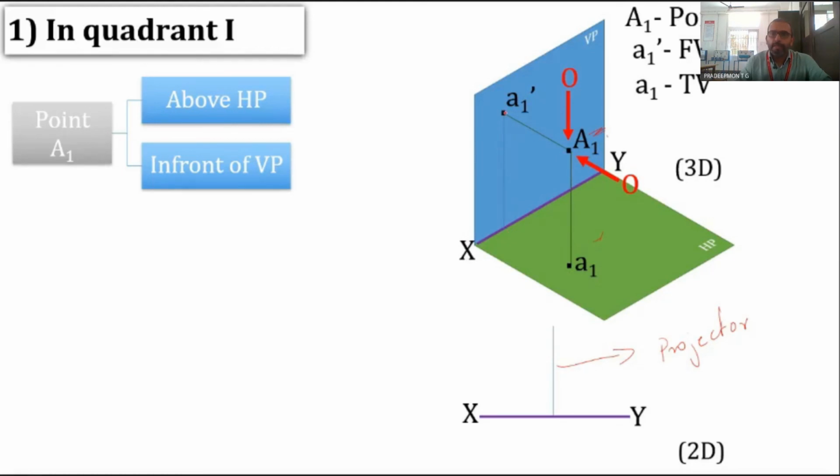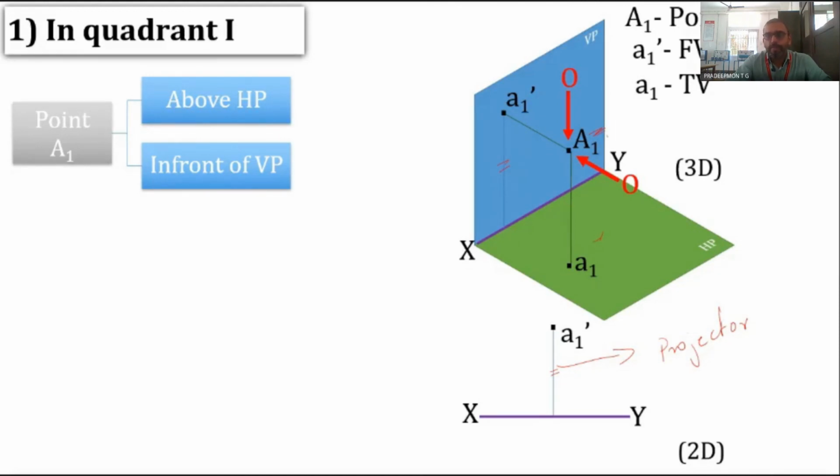Since HP is perpendicular to VP, and this line is also perpendicular to VP, the distance of A1 from HP should be equal to the length of this particular blue line. So we can measure the distance of that line here, and mark the point A1 dash in the front view. So this is the point A1 dash, which is the front view of the point.